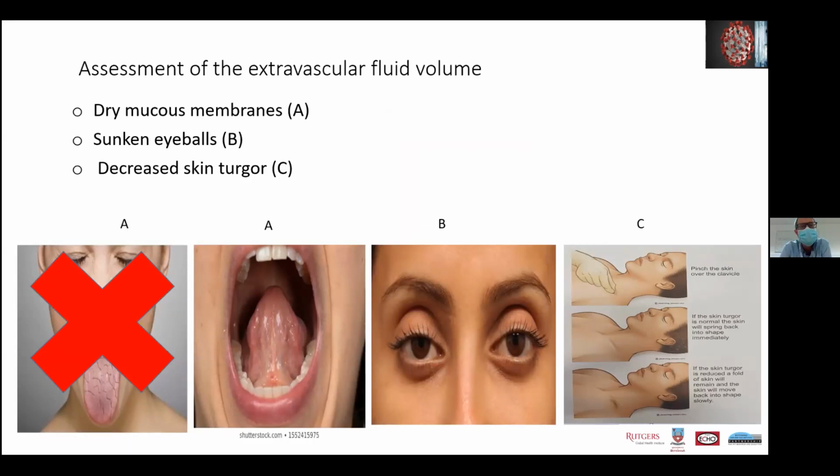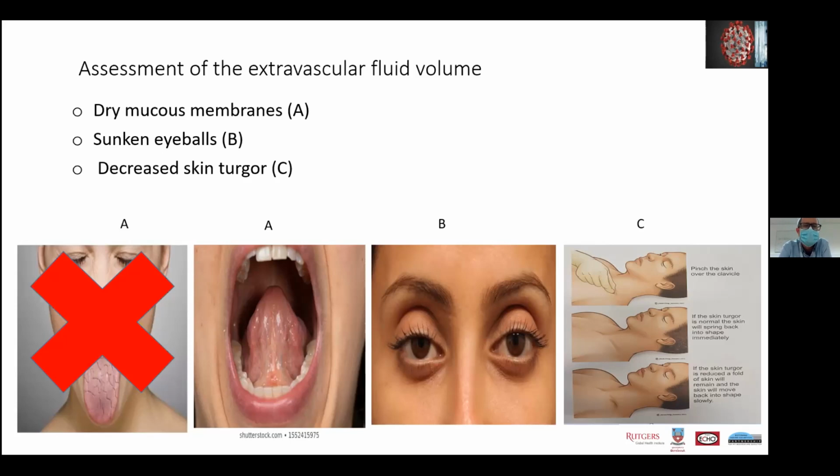Most of the time they open the mouth to breathe through the mouth, so you can't use the upper part of the tongue as a sign of dehydration, because it will be dry from the air the patient inhales through the mouth.